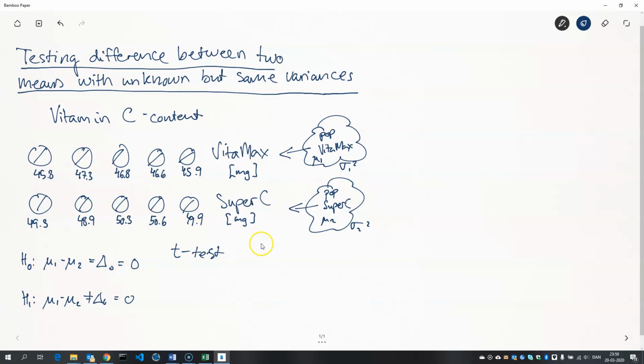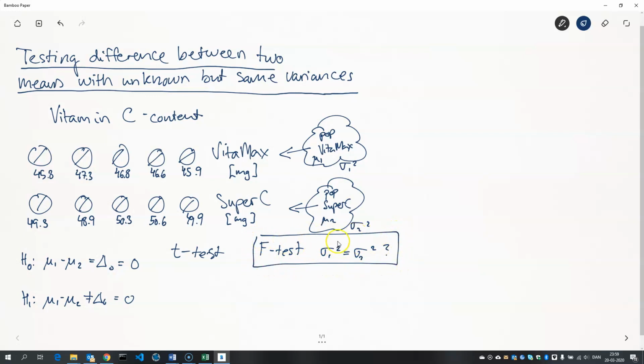Now, that requires a different test called the f-test. And I'm not going to do that here. I'm doing that in another video. But what the f-test does is it tests the hypothesis if the two variances are the same.